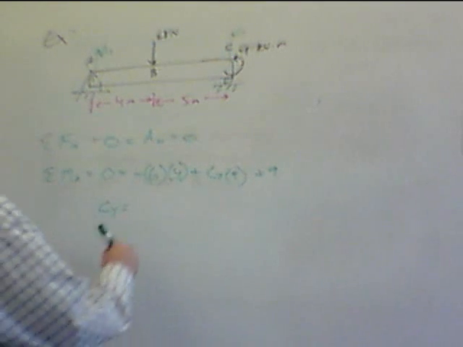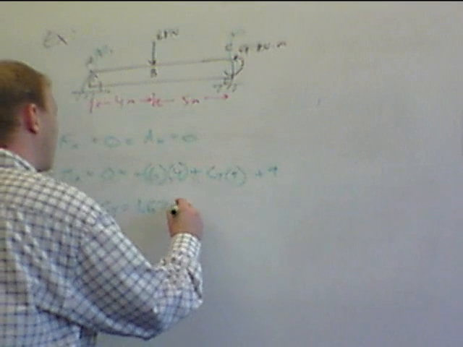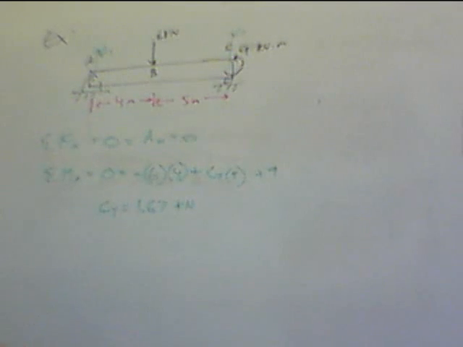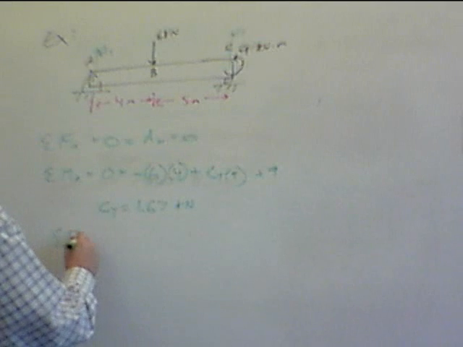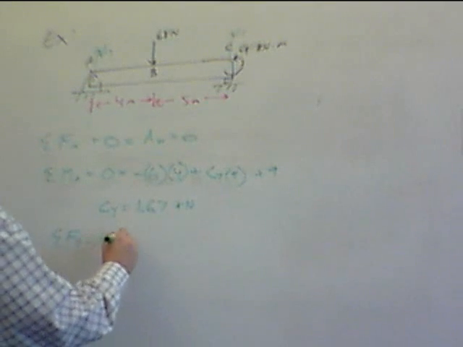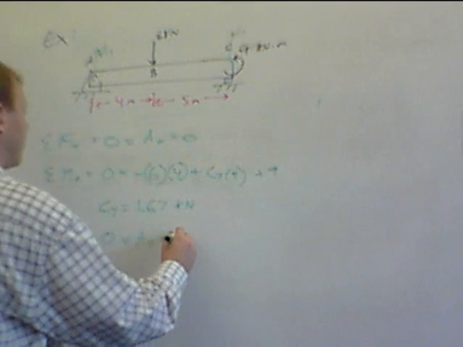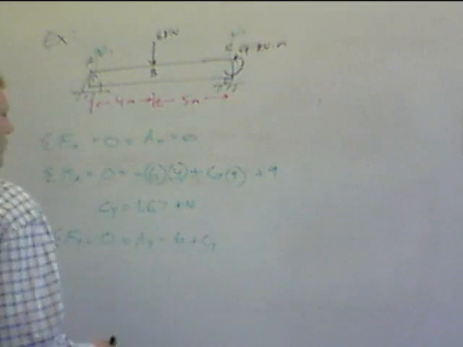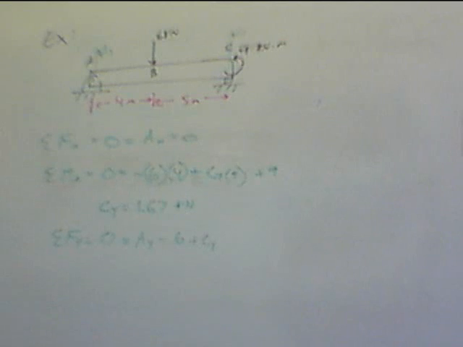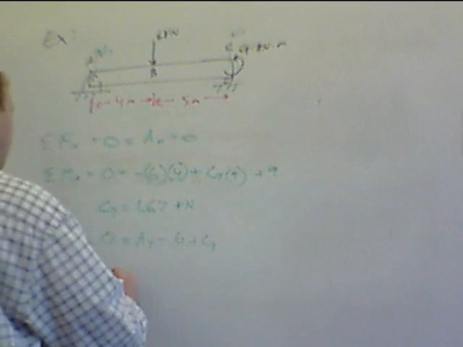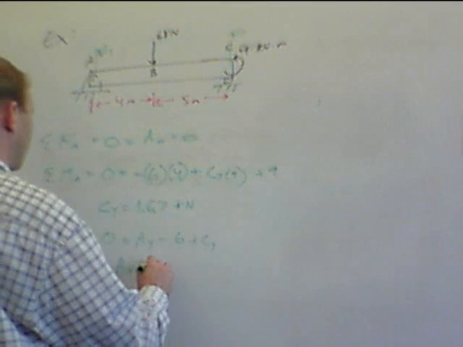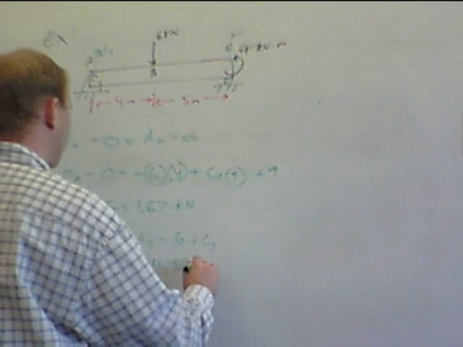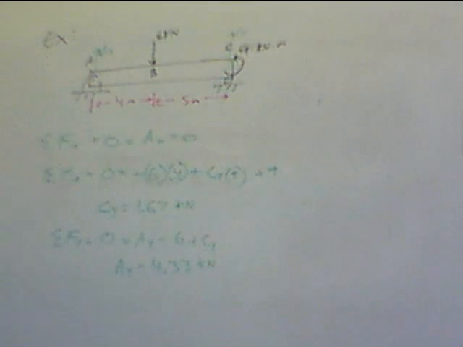Yeah, 1.67 kilonewtons. So then summation of forces in the Y gives us AY minus 6 plus CY equals 0. So if CY equals 1.67, that means AY equals 4.33 kilonewtons.